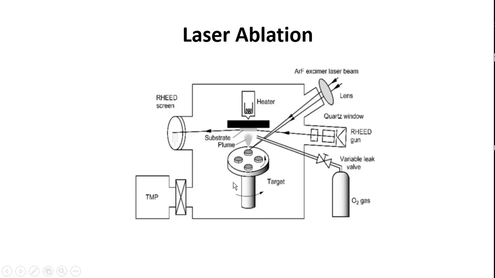The target material can be rotated with an automatic rotation arrangement so that uniform condensation of the plume of the raw material is done upon the substrate. There will be uniform deposition of the target material, so the nanoparticles deposited here will be uniform in nature. So this is the laser ablation method.